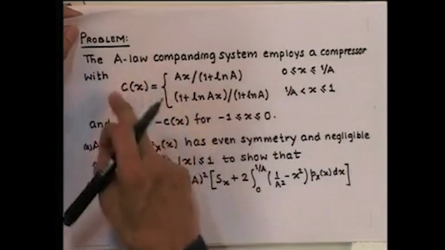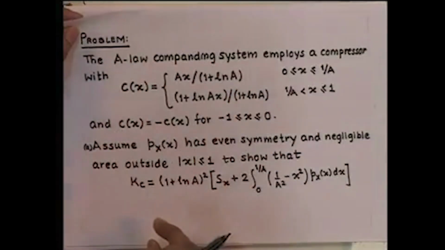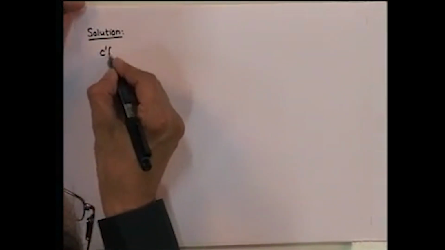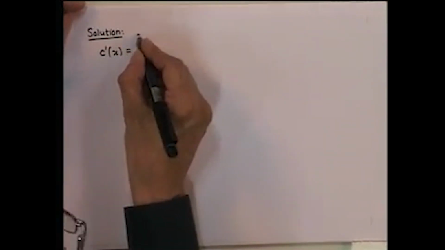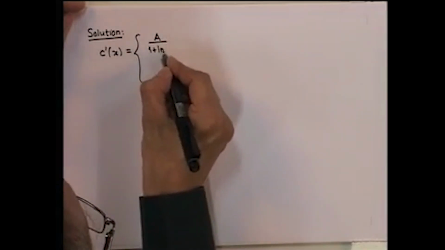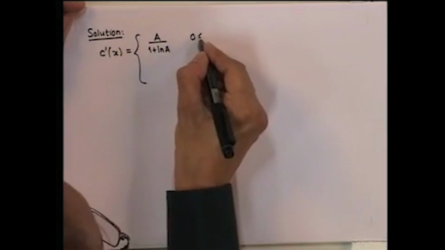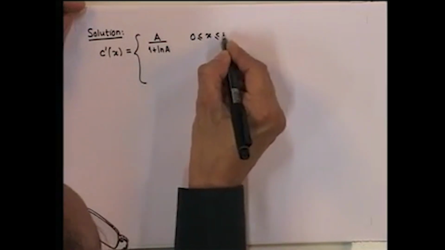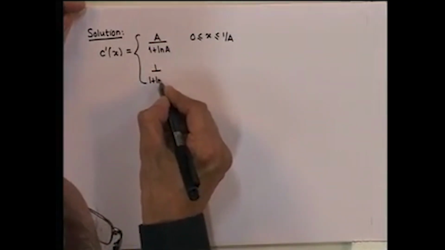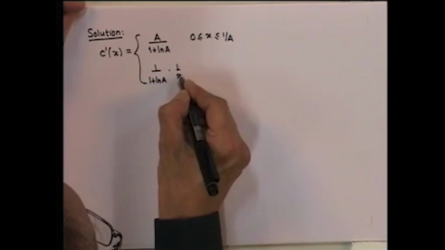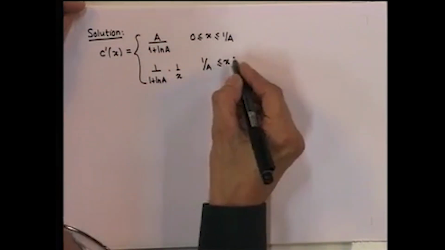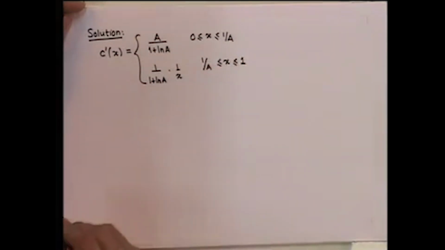So, the first step is to obtain the derivative of this compressor characteristic in the form of C dash x, which is equal to 1 plus log A for x lying between 0 and 1 by A, and is equal to (1 plus log A) times 1 by x for x lying between 1 by A and 1.